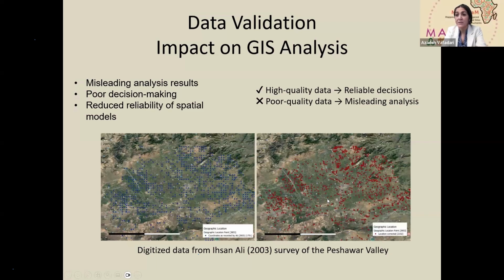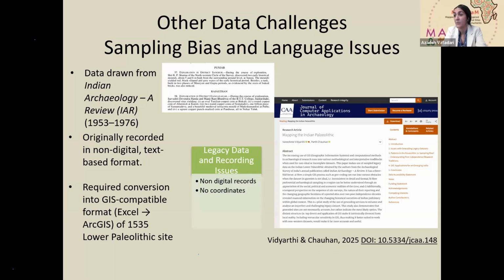But there were maps in the publication with the correct location of the sites, and then we georeferenced and used that information. So it shows that when you do not validate data, it really can lead to incorrect decisions.